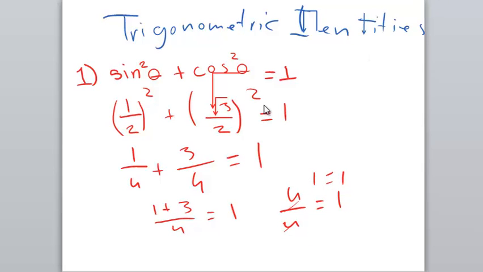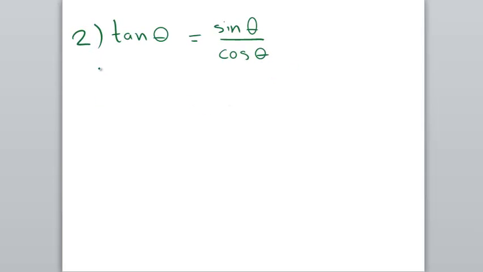Now let's move on to our next identity. Let's open a new slide. Next identity is tan angle is equal to sine angle over cosine angle. This is our second identity.